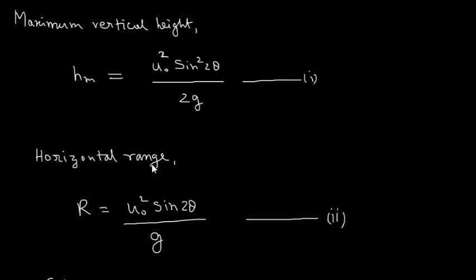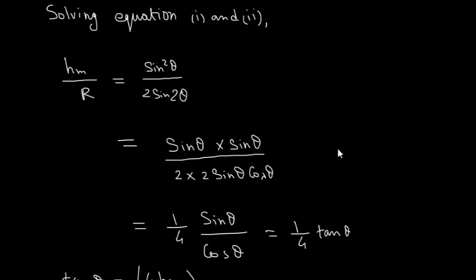This is equation 2. Solving equations 1 and 2, hm upon R is equal to sine square theta upon 2 sine 2 theta. Sine square theta is equal to sine theta into sine theta, and sine 2 theta is equal to 2 into sine theta into cos theta.